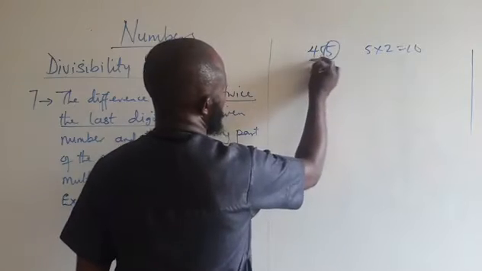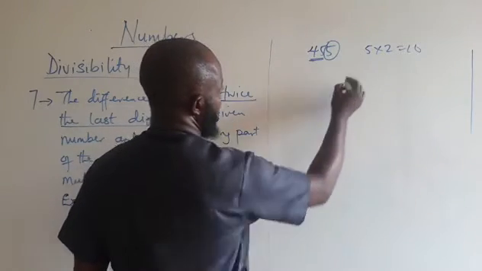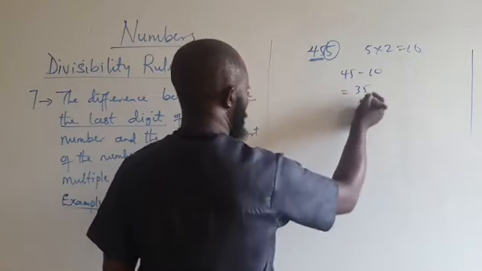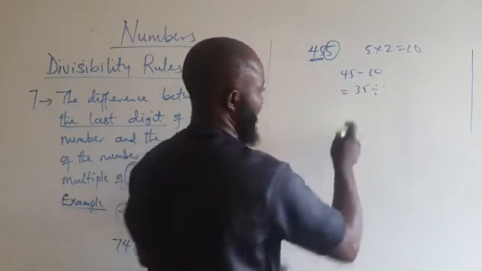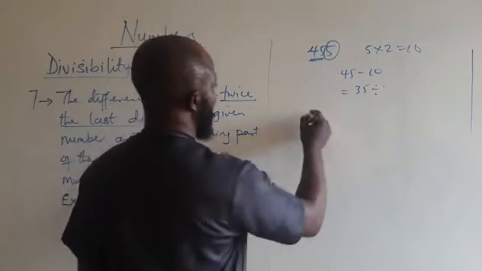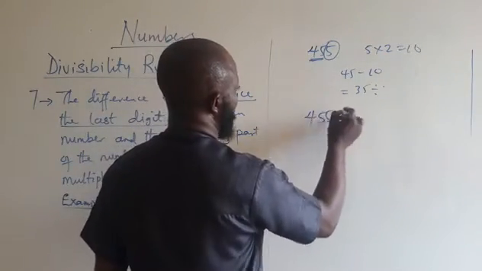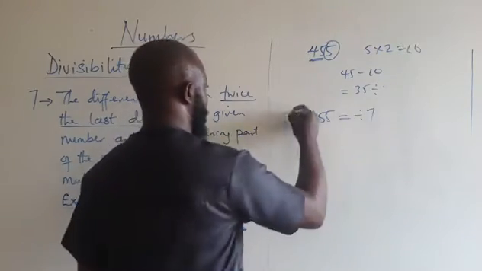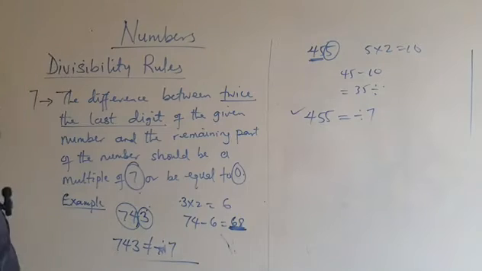The remaining number here is 45. That is 45 minus 10, which gives us 35. So 7 can divide what? 35. 35 is a multiple of 7. So in that case, we can conclude that 455 is divisible by what? 7. So that is the rule of 7. I hope that is clear.